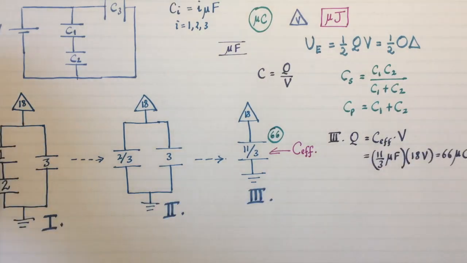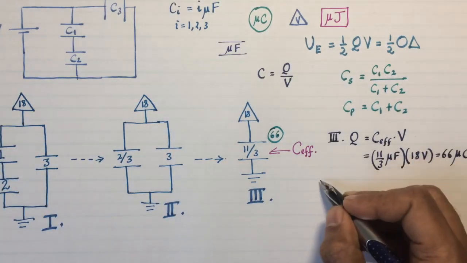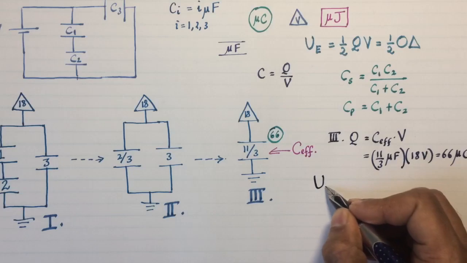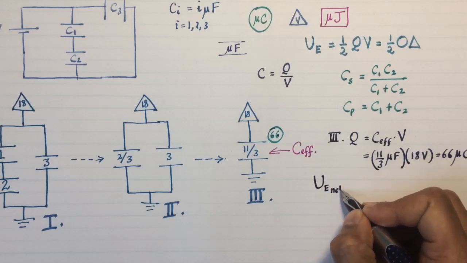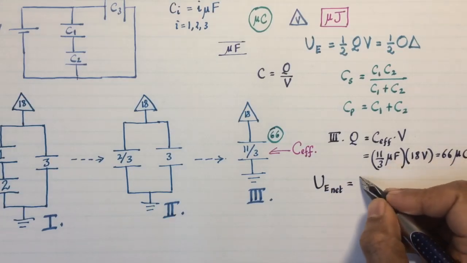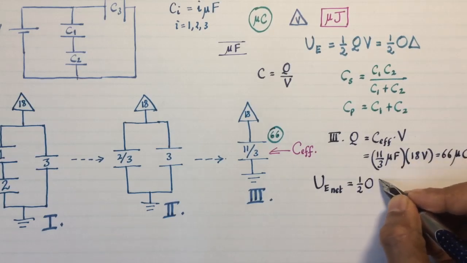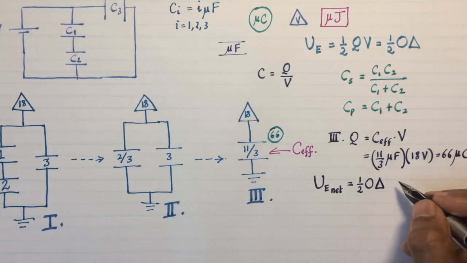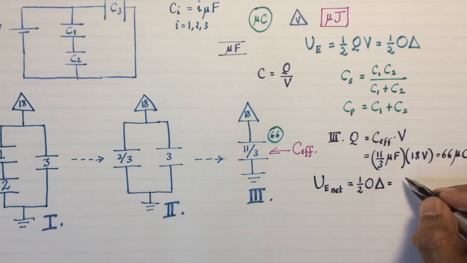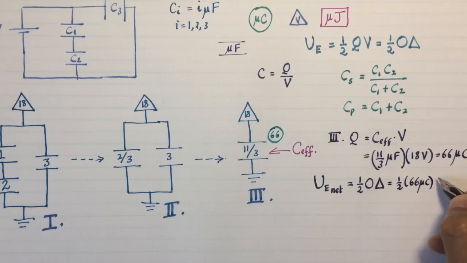So let's find that. The net electrical potential energy in this entire circuit can also be got by the final pruning of the tree. So that's 1/2 circle times triangle. So that's 1/2 66 microcoulombs times 18 volts.